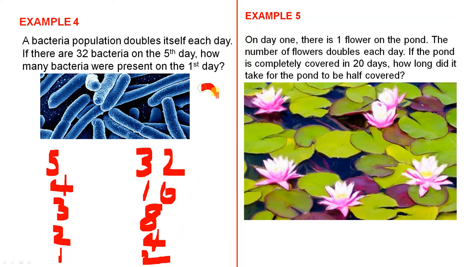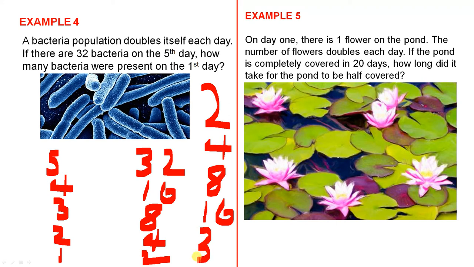In other words, the answer is 2 on the 1st day, and let's work forwards now. 2 on the 1st day, 4 on the 2nd, 8 on the 3rd, 16 on the 4th, and 32 on the 5th, and that is the correct answer. There were 2 bacteria present on the 1st day.